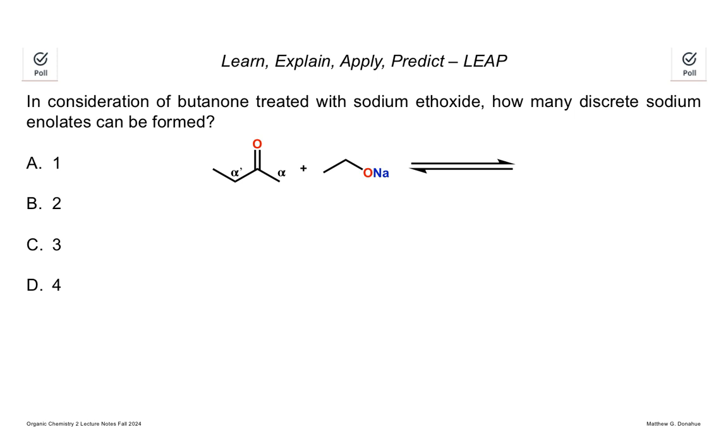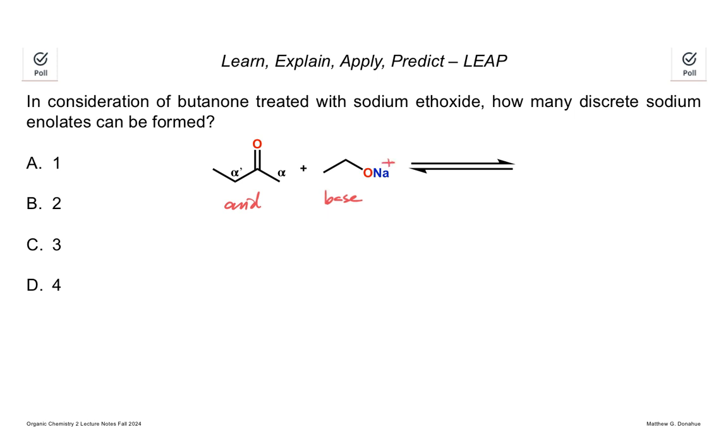So if you take butanone plus this base, so again, that makes that the acid. And I'll talk about why the arrow is drawn the way it is. It's asking you how many discrete sodium enolates can you form.